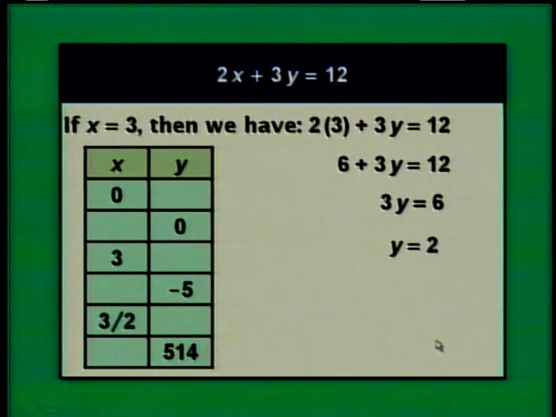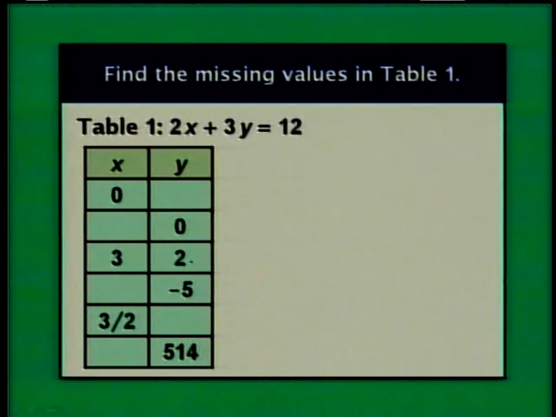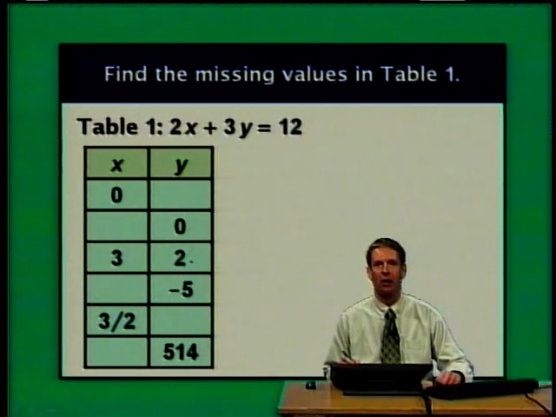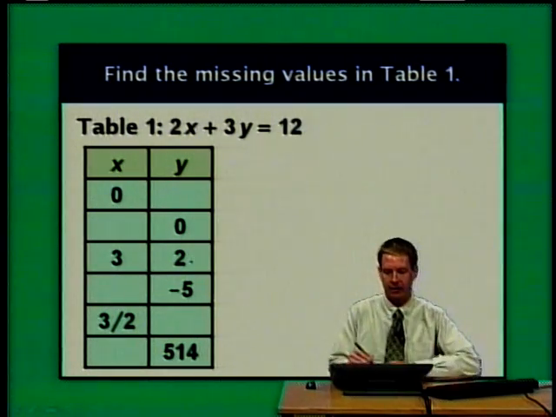So we can see now that when x is 3, y needs to be 2 to solve the equation 2x plus 3y equals 12. So I'm going to go ahead and put the y value of 2 into my table.